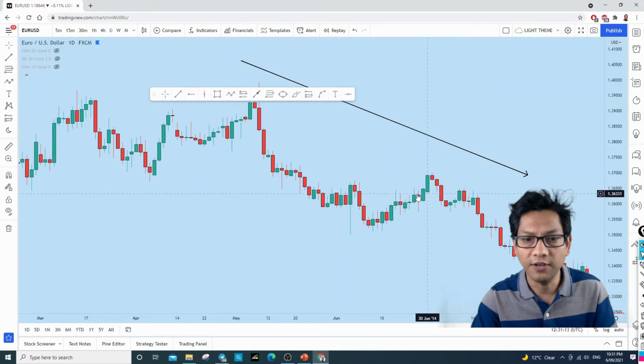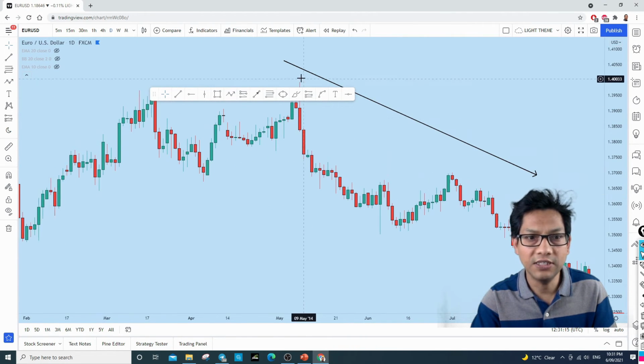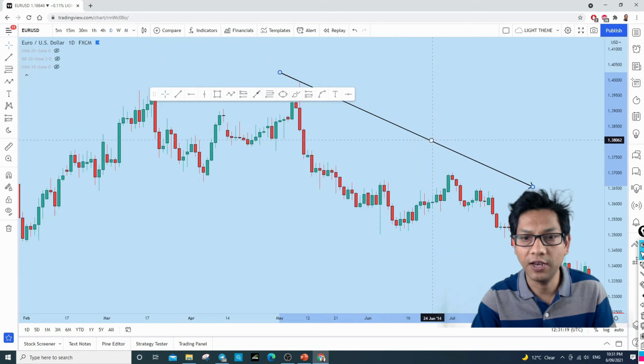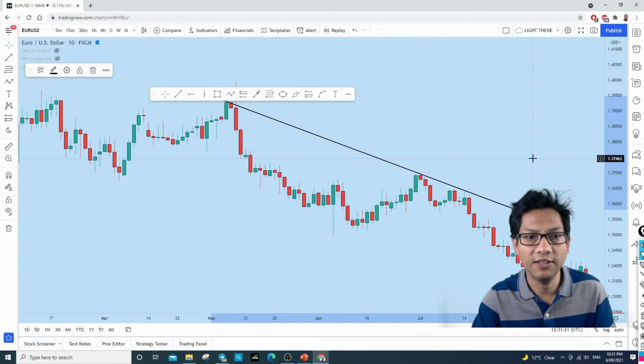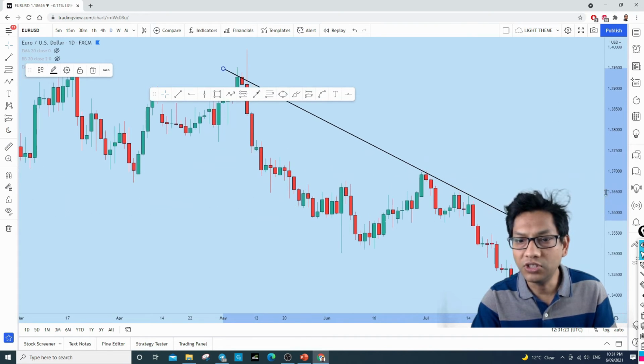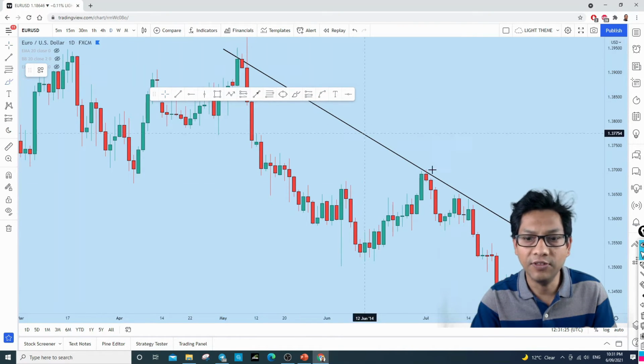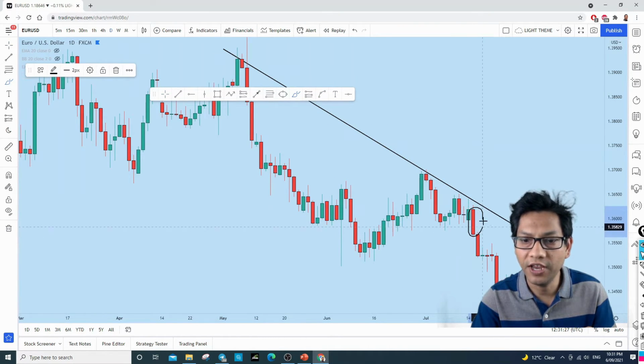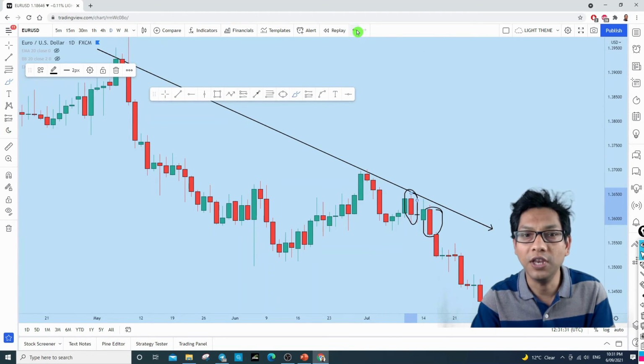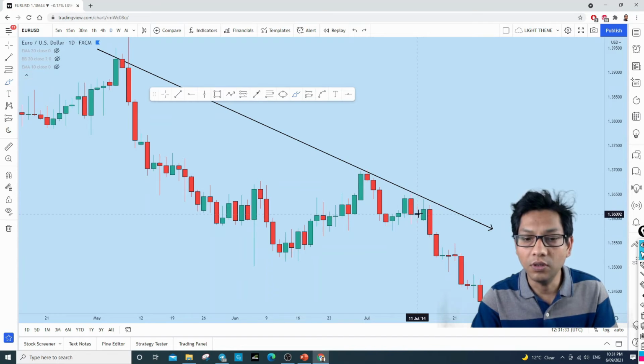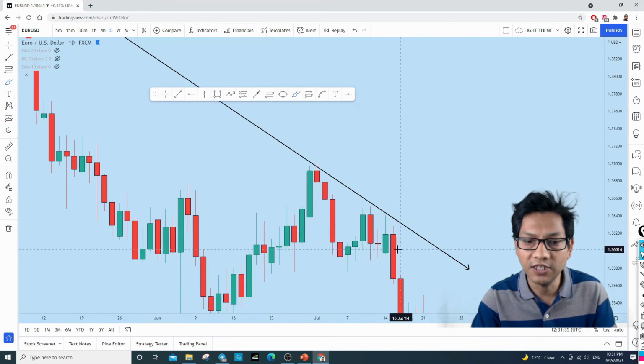Now on this trend, we see a trend line. Let's bring the trend line closer here. On this trend line, you see there is a bearish engulfer here, and also there is a bearish engulfer here. Both are winning trades. Now look at the health of the candle.